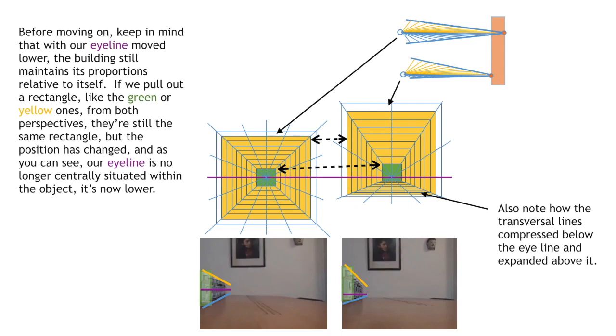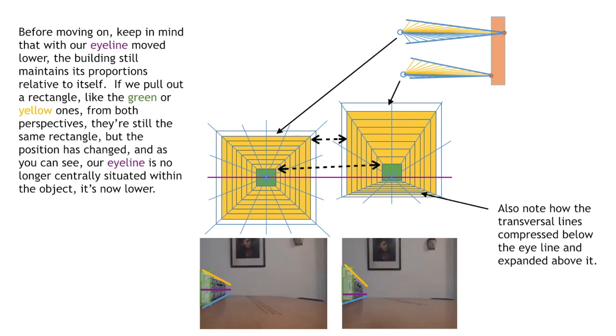And as you see, the eye line is no longer centrally situated within the object, it's now lower. So as we move our observer height down, the vanishing point moves down relative to the object, but the object itself maintains its proportions. So we can look at our bottle example the same way.